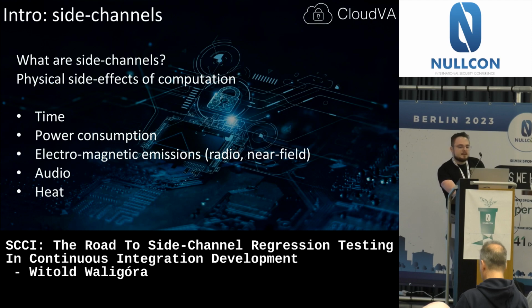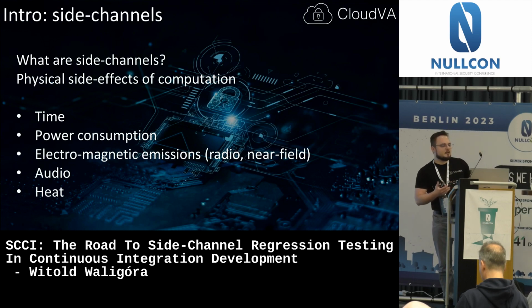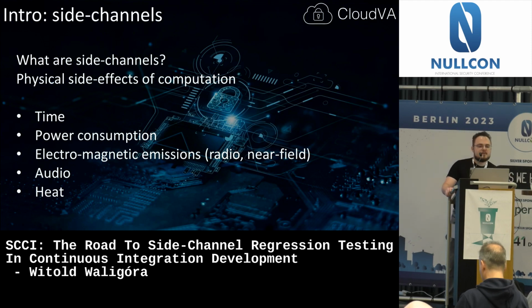So why do side channels? Well, what are side channels first? These are physical effects of computation. If you compute anything on a physical chip, of course, it has physical effects. So computation takes time, computation takes power, and also it produces garbage in terms of audio, heat, and electromagnetic radiation.